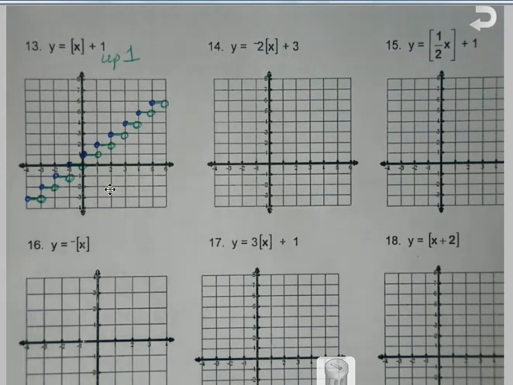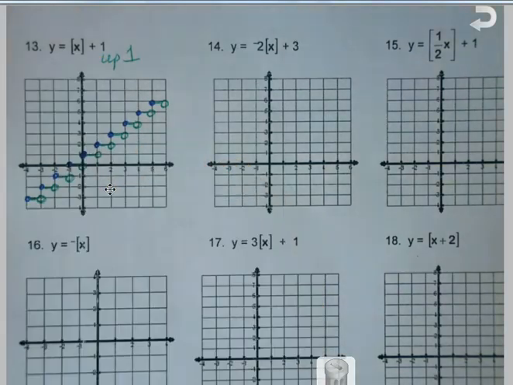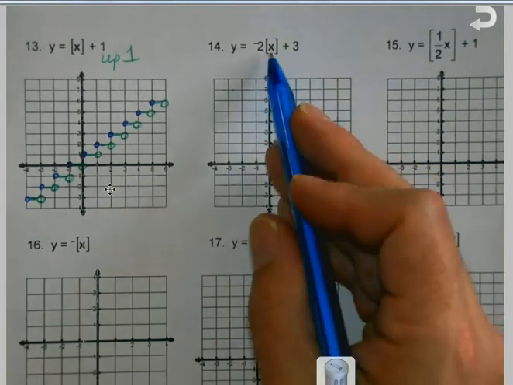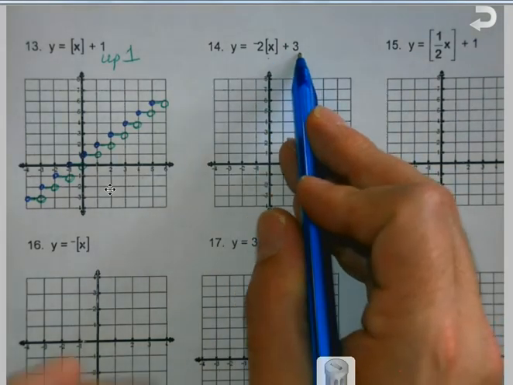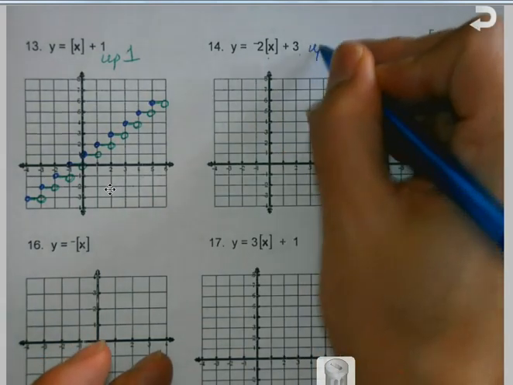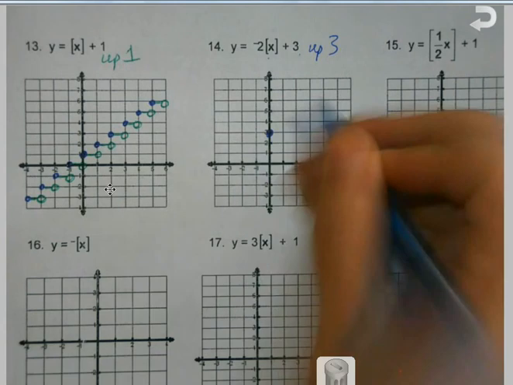So when we're outside the bars, outside our greatest integer function, what this tells me is I go up or down if it's outside, I go left or right if it's inside. Okay? And that's all I'm basically doing on any of these. So you're like, okay, so like here, well, what's going on? Well, I've got the plus 3, so I'm shifting up 3 if I was being asked for a shift. There's my first point, got moved.